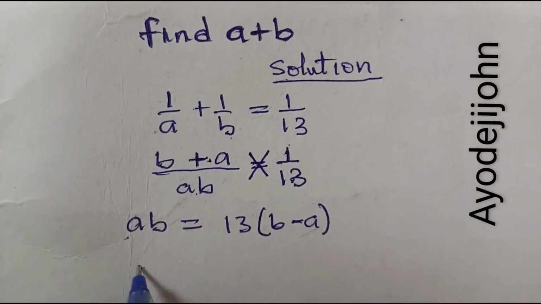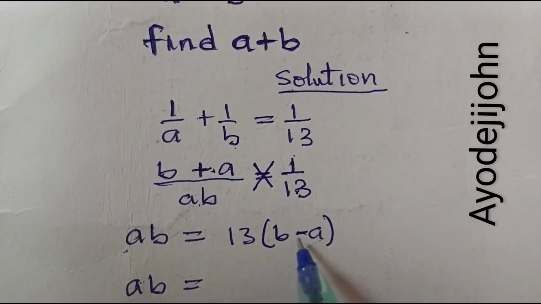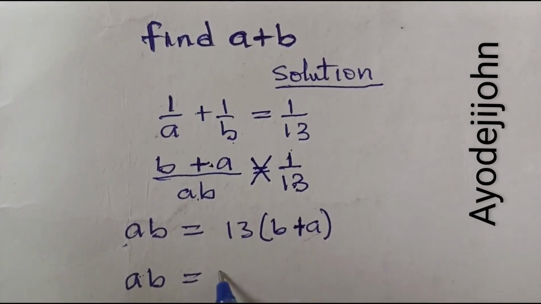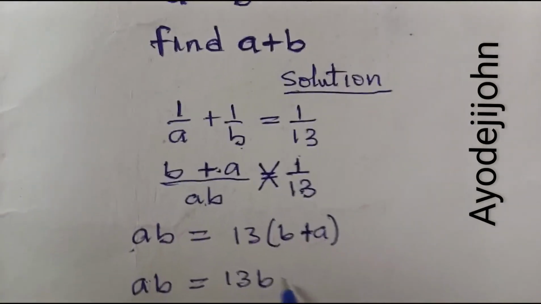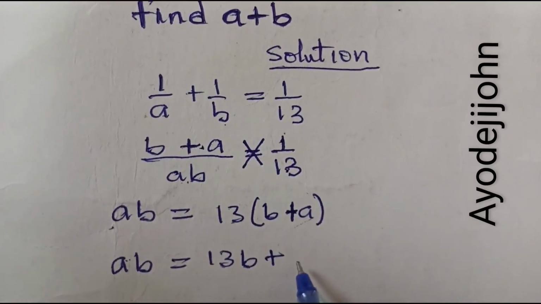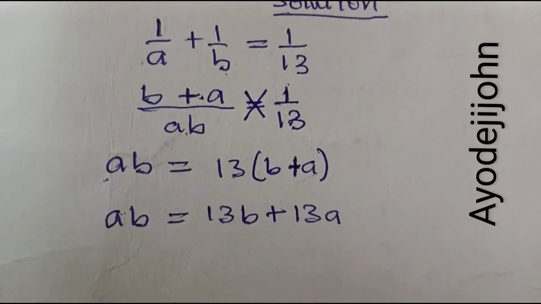So we can have AB equals 13B plus 13 times A, that's 13A.